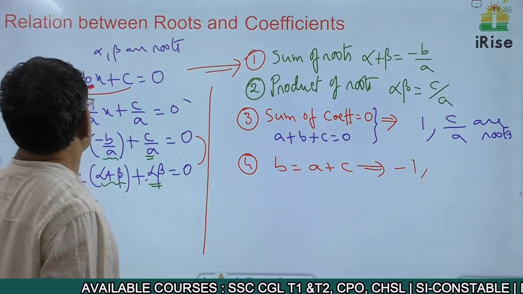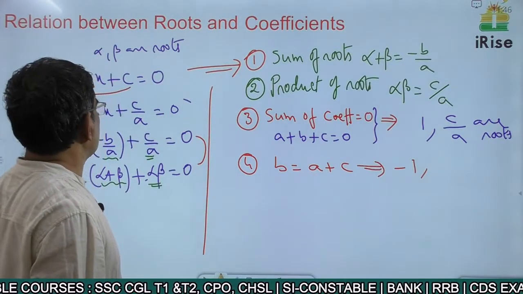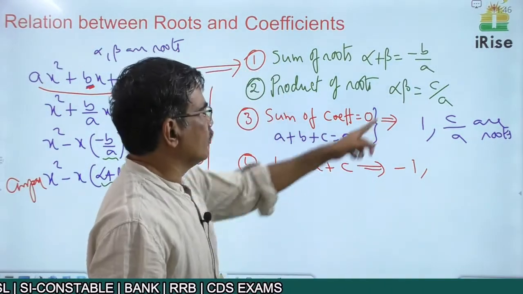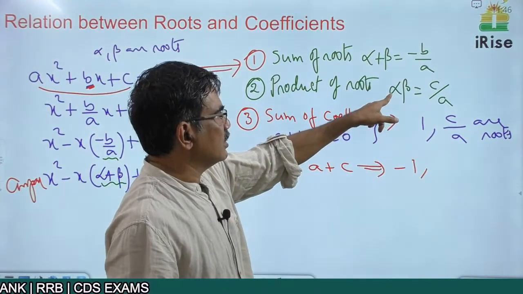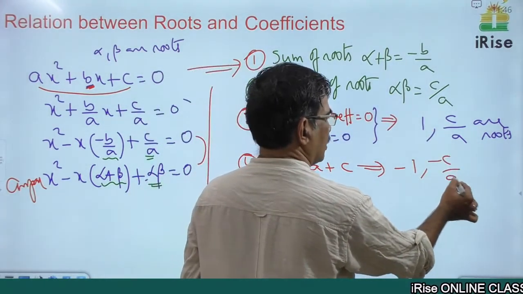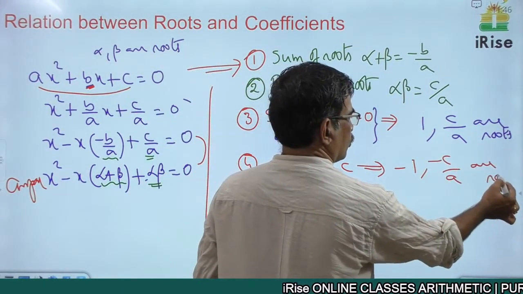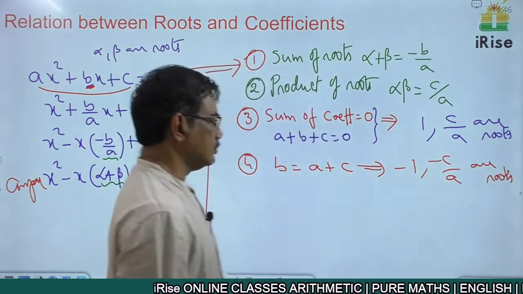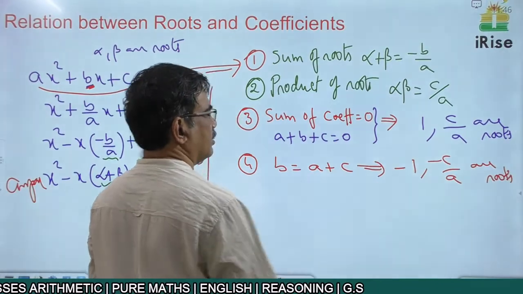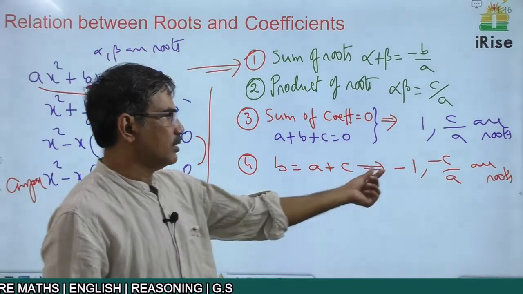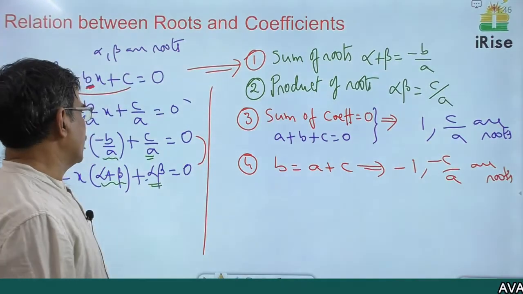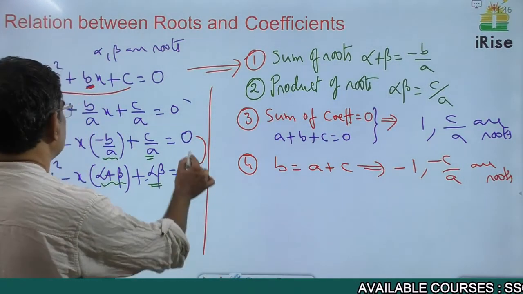Middle term coefficient is equal to the sum of the x square coefficient plus constant, then minus 1 is a root. If alpha is minus 1, then beta is minus c by a. Okay, minus 1 comma minus c by a are roots. If the b is equal to a plus c condition is satisfied, then minus 1 comma minus c by a are roots of the equation.